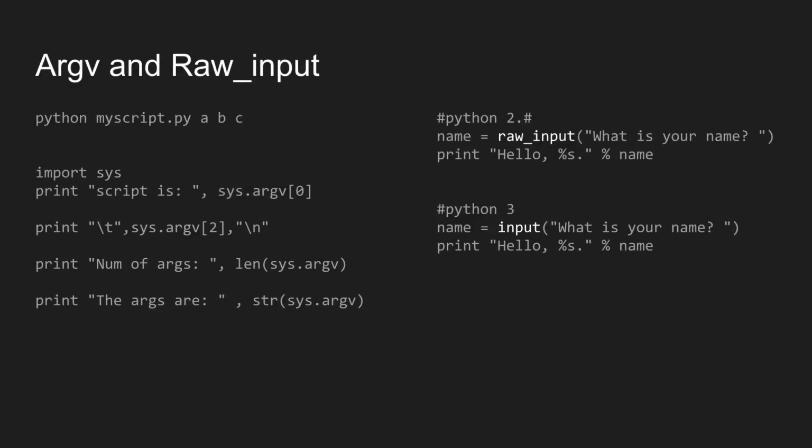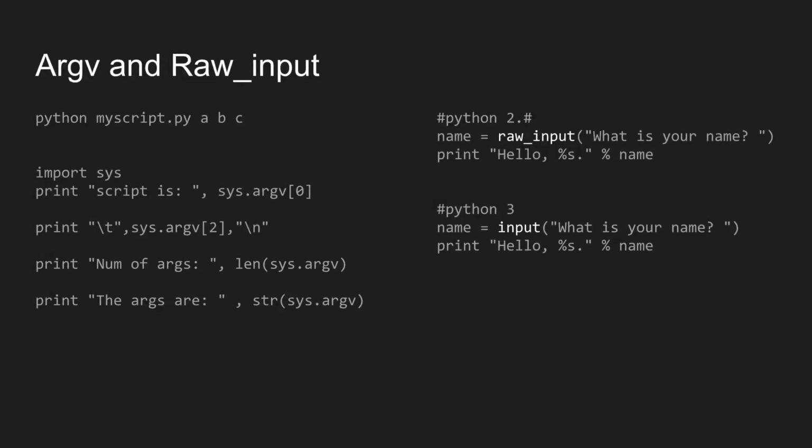You can do the same thing with the len function to get the number of arguments, right? And then print the arg as a string. So say, for instance, if you have a number as an argument, you're going to want to convert your number into a string if you need to concatenate two different types, strings and digits, together.